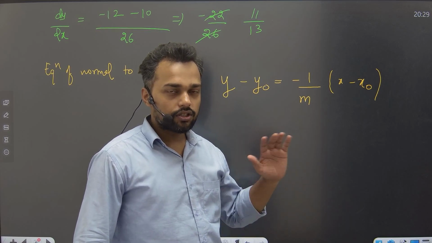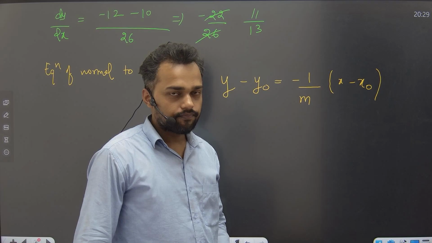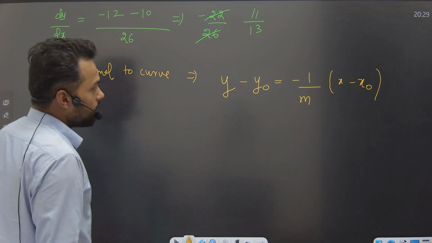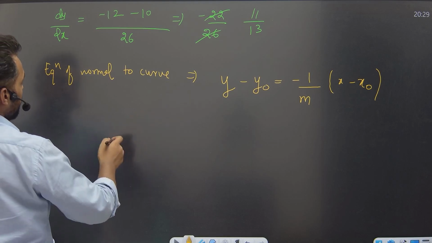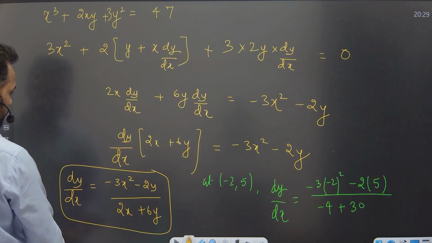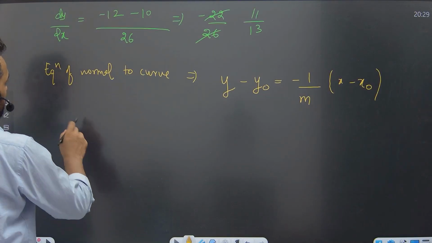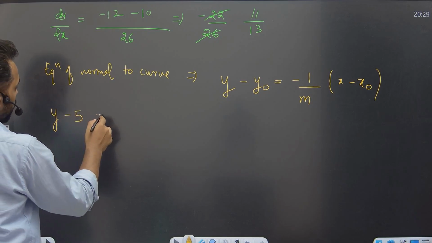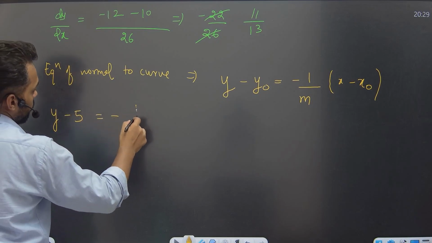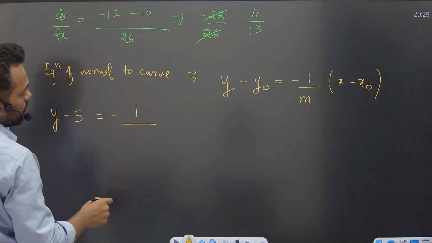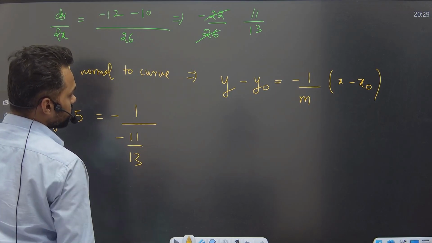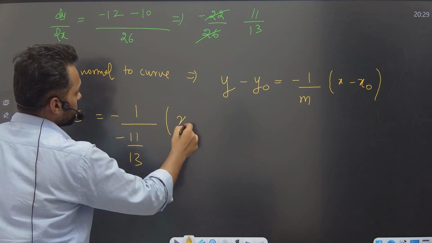So we have got the slope of the tangent here, means the slope we have got. For getting the slope of the normal, we will plug the value of m here, and the point was negative 2 comma 5. So y minus 5 equals negative of 1 by m, we have got negative of 11 by 13, so negative of negative 11 by 13, times x minus x naught.